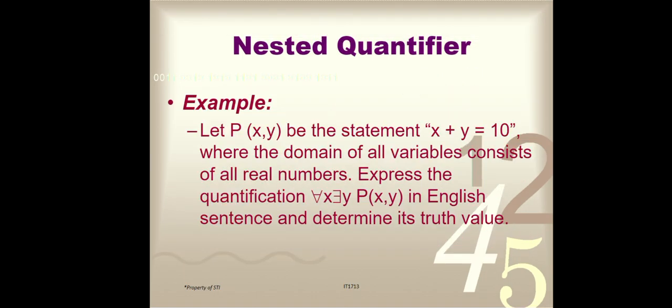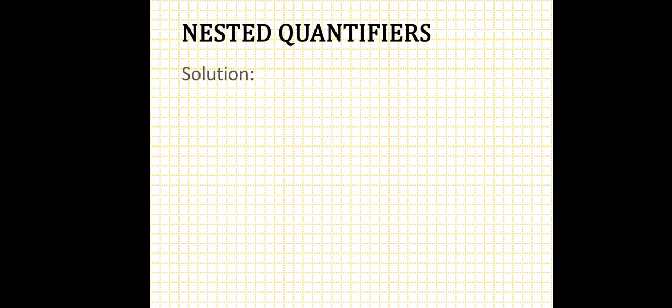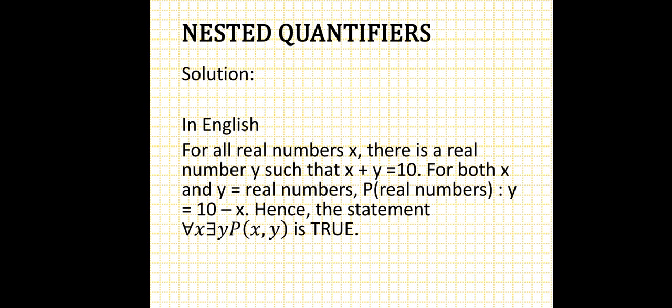Sige. Let's have an example. Let p of x, y be the statement x plus y is equal to 10, where the domain of all variables consists of all real numbers. Express the quantification for all x there exists y, p of x, y in English sentence and determine its truth value. Okay, ano kaya ito siya in English muna? So in English, for all real numbers x, there is a real number y such that x plus y is equal to 10.